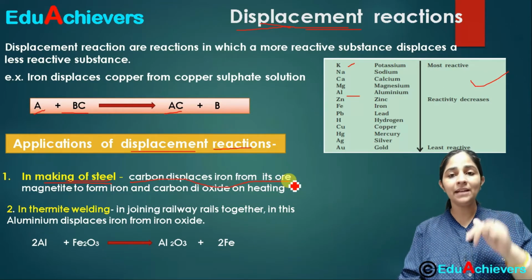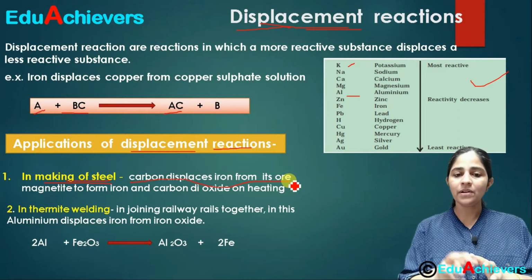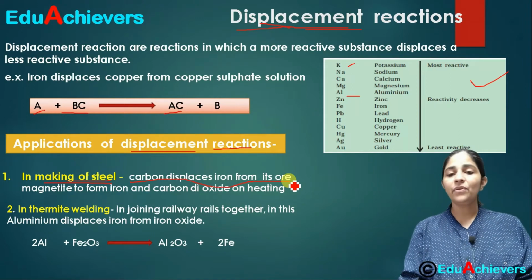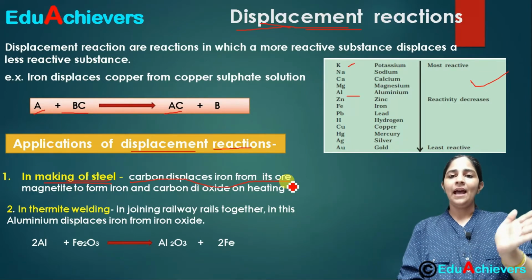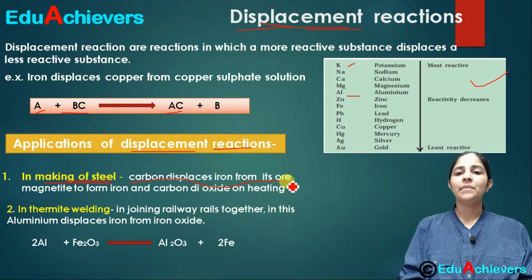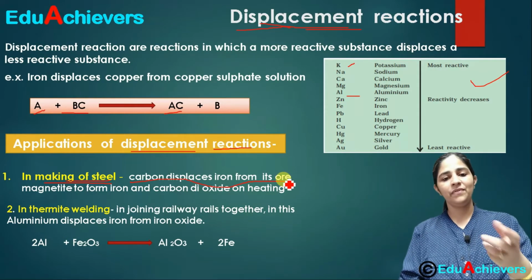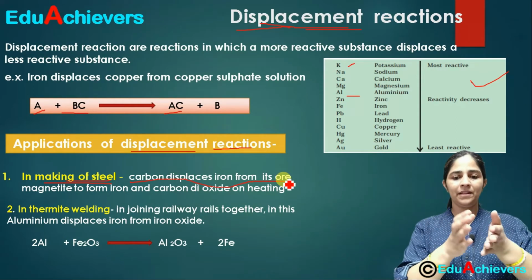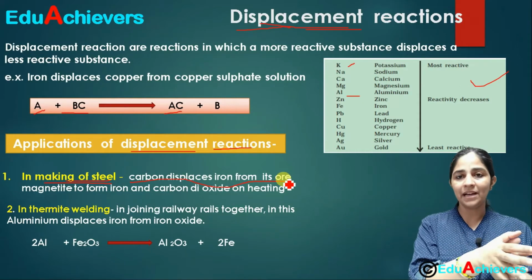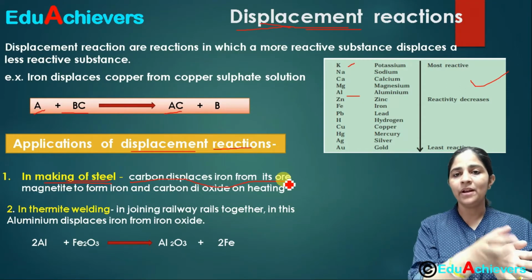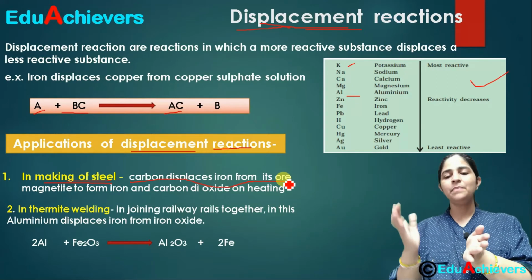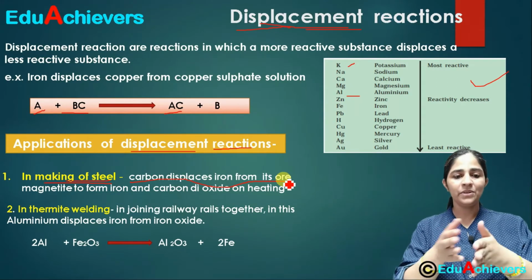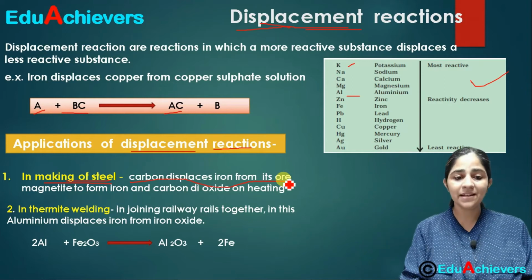Whenever we use the magnetite ore, from that iron ore, carbon will be displacing the iron, and iron will be separated and carbon dioxide will be formed. So if it is an iron oxide which is there in the iron ore, iron oxide reacts with the carbon, and carbon dioxide plus iron is separated. So that's how displacement reactions are used.